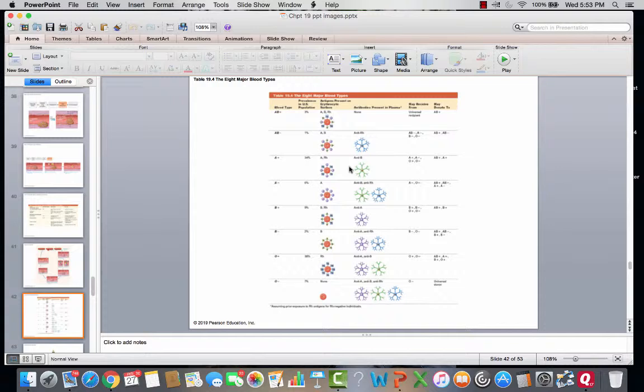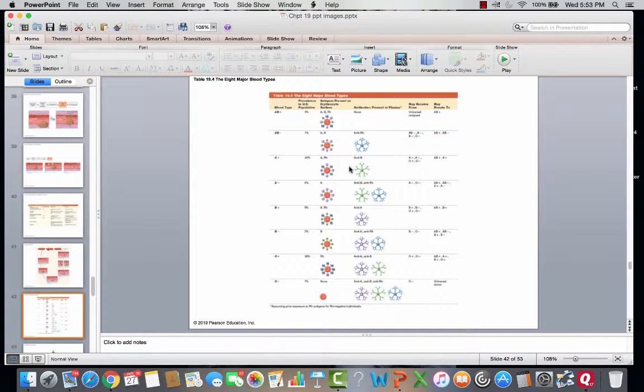Okay, so the confusing part of this section is the difference between an antigen and an antibody. They both are anti. You need to understand that antigens are proteins that we find on the surface of cells, and antibodies are chemicals that are made to neutralize foreign antigens.